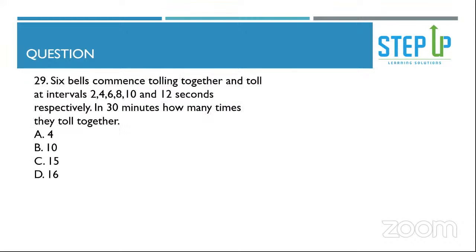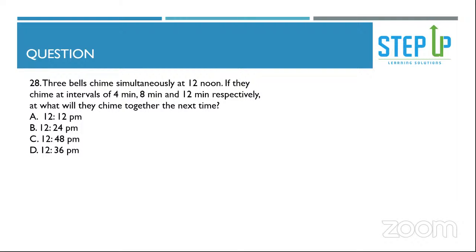This is another question on LCM. So 3 bells chime simultaneously at 12 noon. If they chime at intervals of 4 minutes, 8 minutes, and 12 minutes respectively, at what time will they chime together the next time? So one chimes at 4 minutes, another one at 8 minutes, and the next one at 12 minutes.